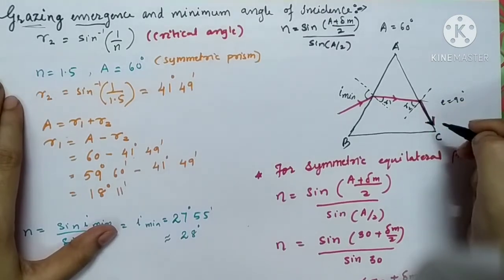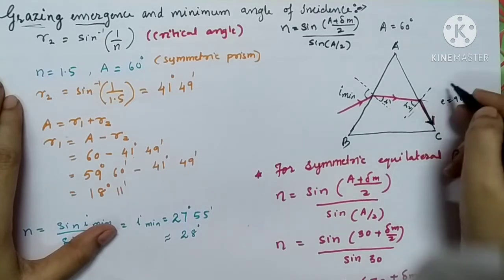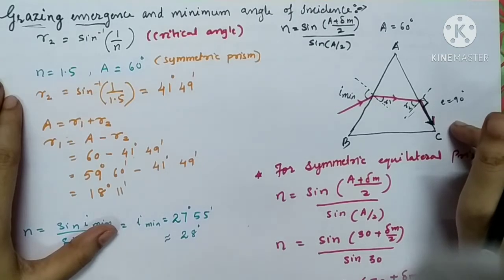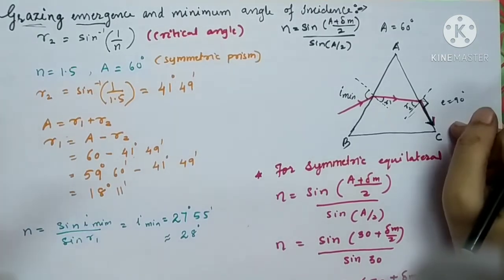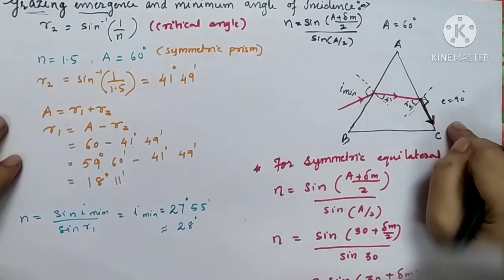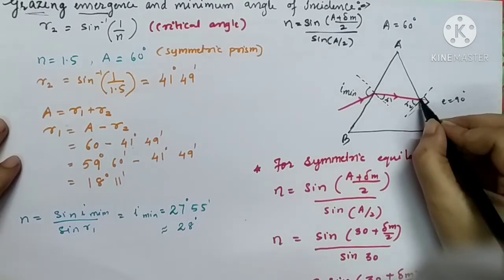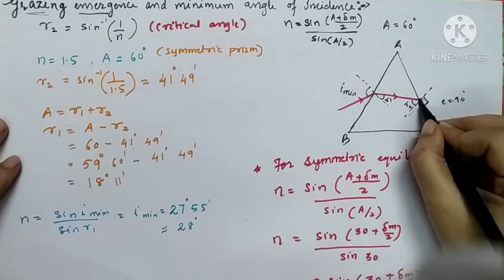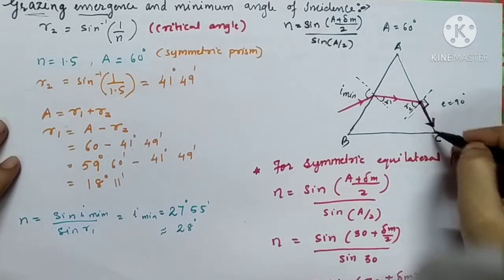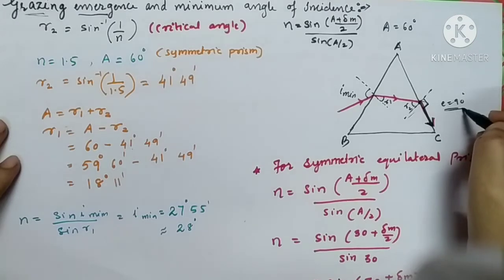So here we have the angle of emergence. When you draw the normal on it, you will come to know that this angle of emergence is 90 degrees. In the topic of total internal reflection, you have already studied that when the angle of incidence inside a denser medium is the critical angle, at that time the angle of refraction in a rarer medium becomes 90 degrees.